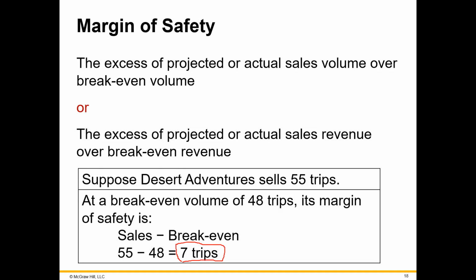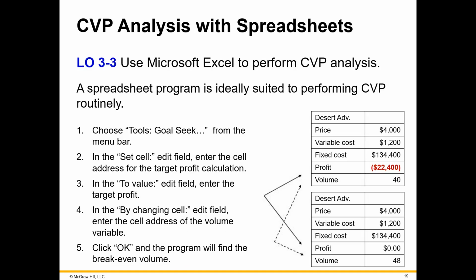Microsoft Excel can be used to do these CVP analyses. If you know how to do this, you can definitely use this on your homework, or if you just want to play around with Excel and plug in numbers into your homework, that's fine as well. We're not going to cover this on the test, but if you do get into cost accounting after you graduate, this would be a good tool to be familiar with. The goal seek function in Excel is pretty handy.